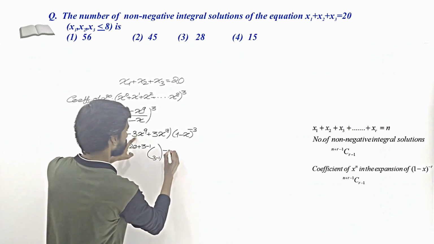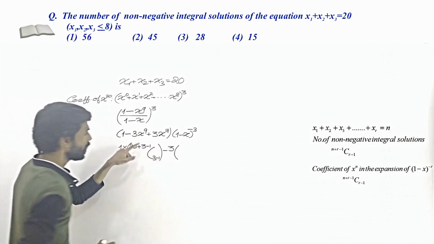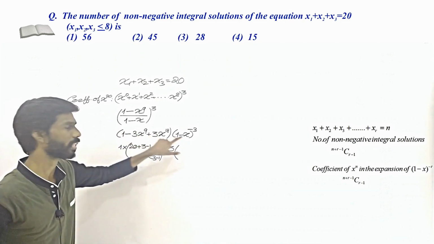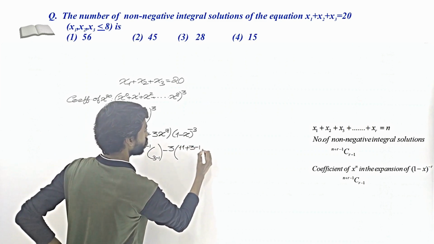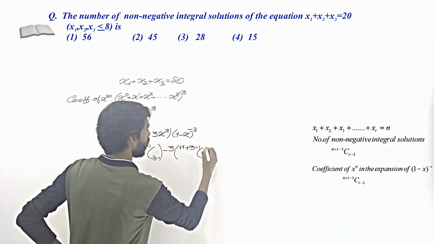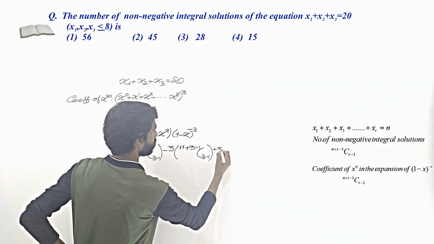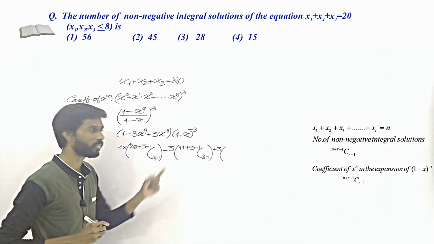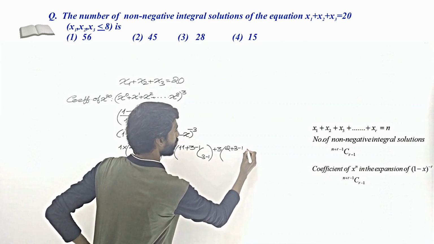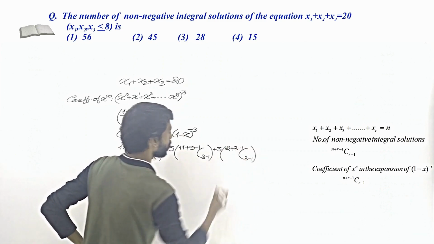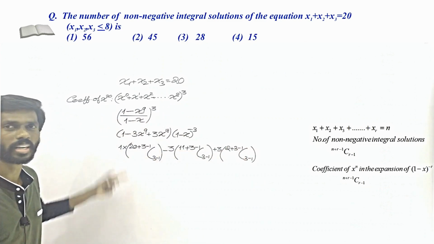Similarly, minus 3 multiplied by, x to the power 9 is there already, we just need x to the power 11. So that is 11 plus 3 minus 1 C 3 minus 1. And similarly, plus 3 multiplied by, x to the power 18 is there already, we just need the x squared coefficient, which is 2 plus 3 minus 1 C 3 minus 1. Okay, now if you simplify, you'll get our required answer.